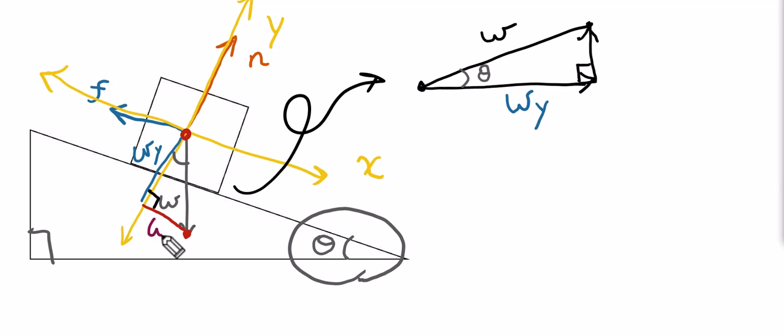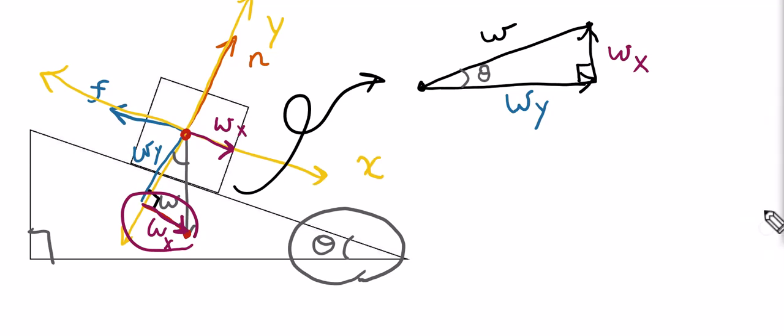And therefore, this one is going to be the x component of the weight, because this x component is parallel to the x-axis. Essentially, we could copy and paste this vector, this x component of the weight, and transfer it up here, and it would line up exactly on the x-axis. So this is the x component of the weight.